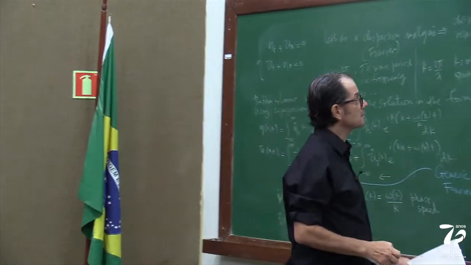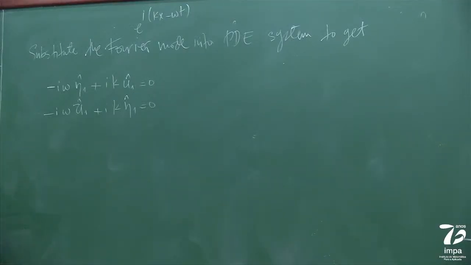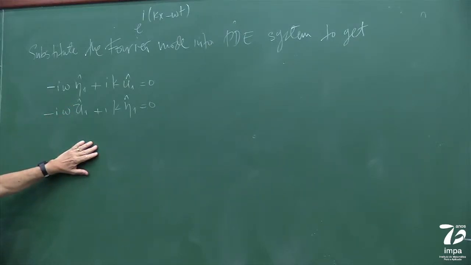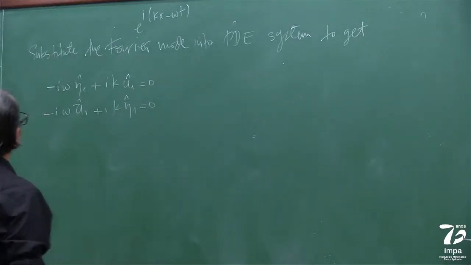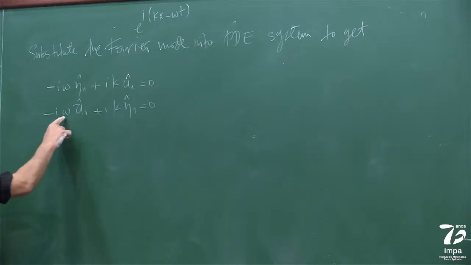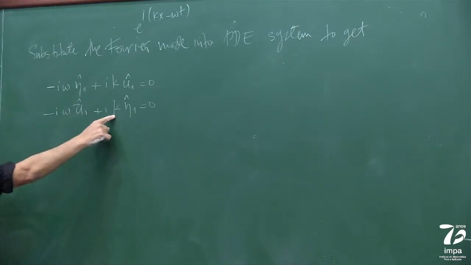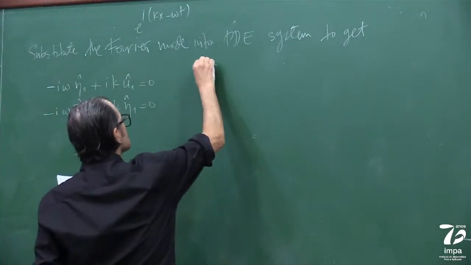So if you do this, you see now a relation for the Fourier amplitudes. And what do you want to conclude? So this is basically your time frequency, your spatial frequency. You have i's all around. So this basically gives us the system.